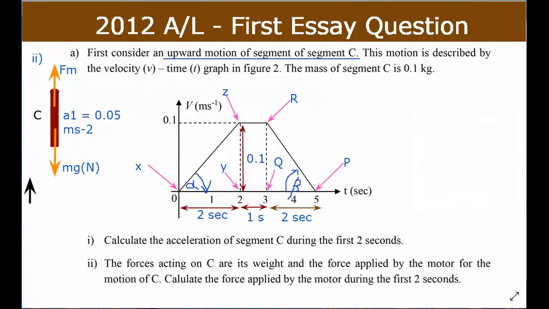Whether it is acceleration or deceleration, always tan alpha, tan beta, the gradient. So deceleration is also the gradient. You have to find it from the PQR triangle. So deceleration equals tan beta. Write it here, quick.